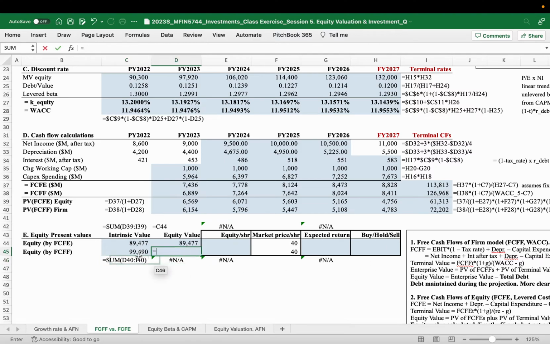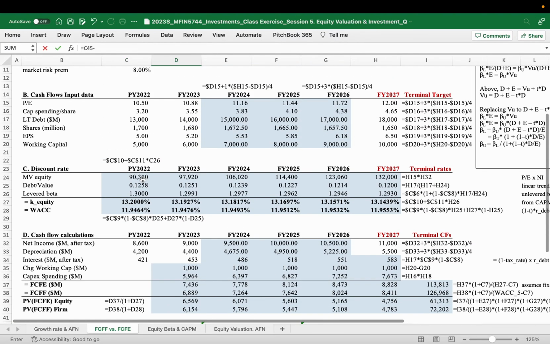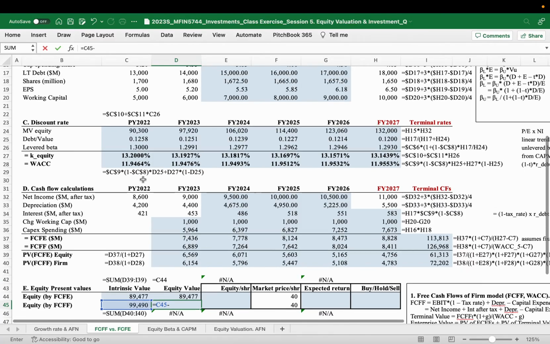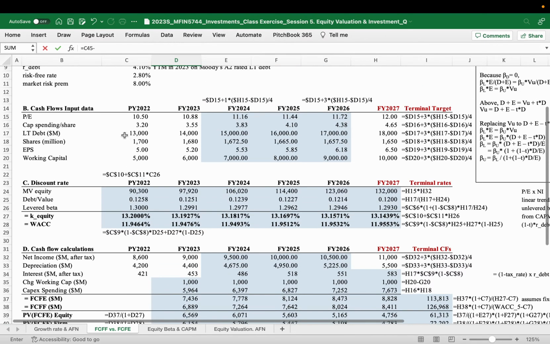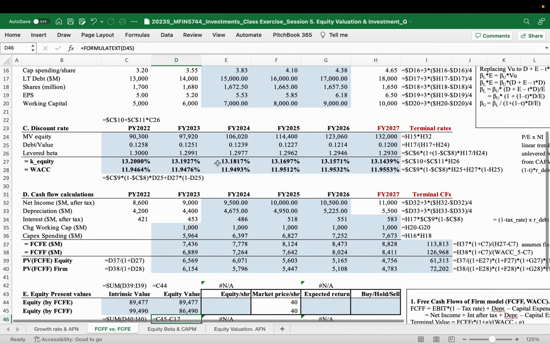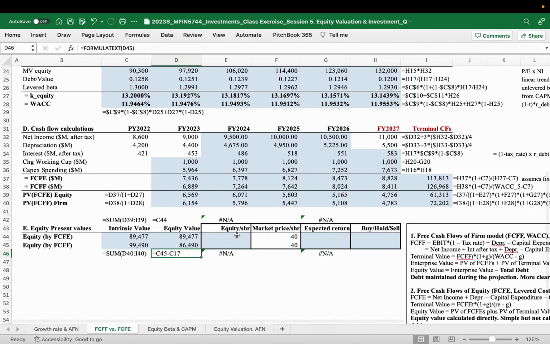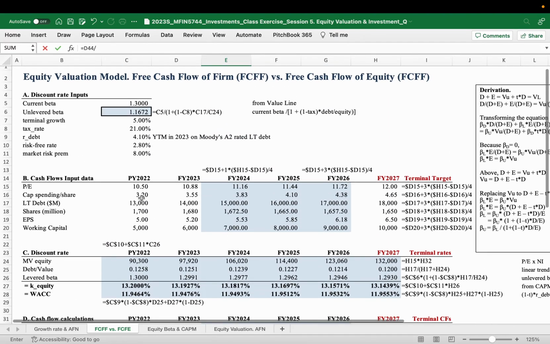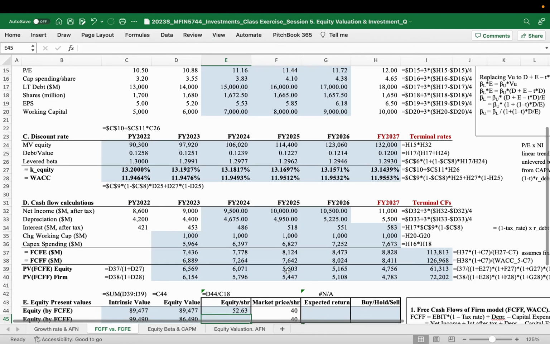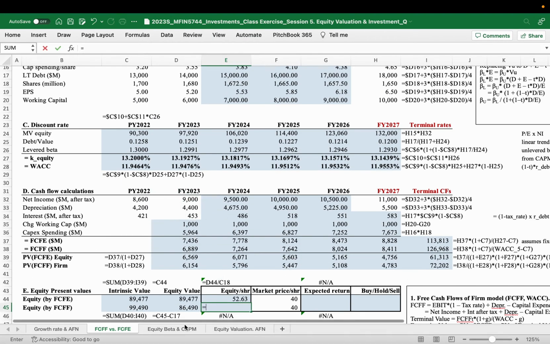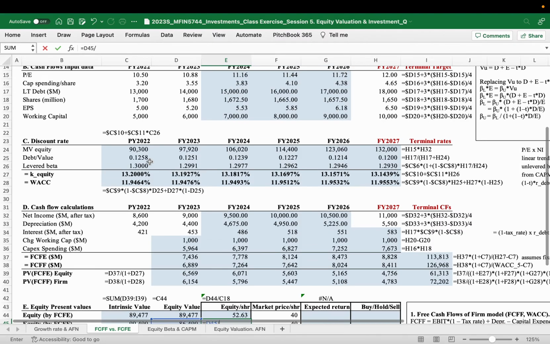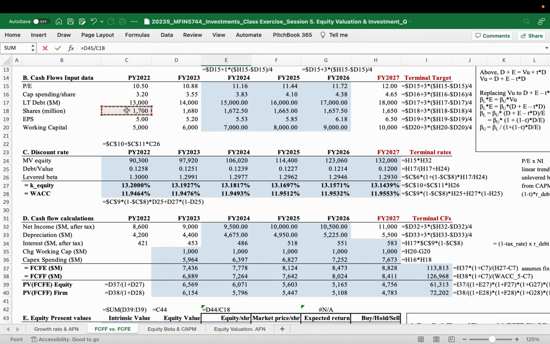We now need to subtract the debt. Where is the debt? The current debt. There you go, right? The 13,000, right? So here the equity per share is now equity divided by the number of shares at the current time. Here the number of shares is 17. Also we can calculate equity divided by number of shares, 1700.